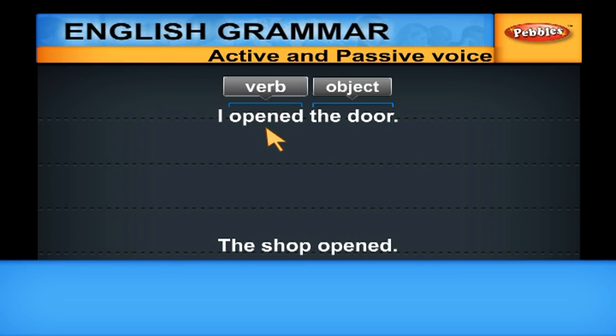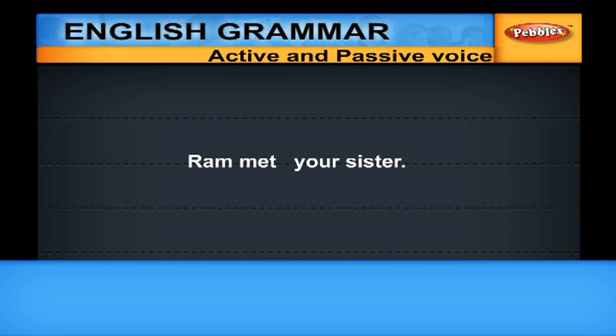To identify the object, always ask the question what or whom after the verb. The noun or the nominal phrase that answers the question what or whom is the object of that sentence.